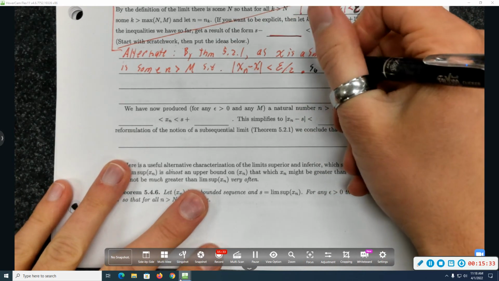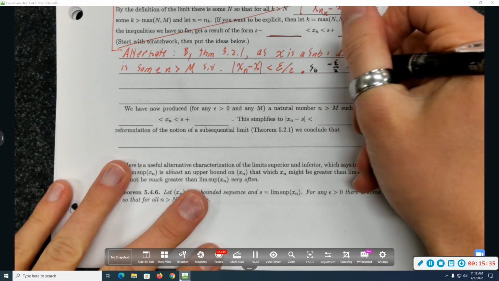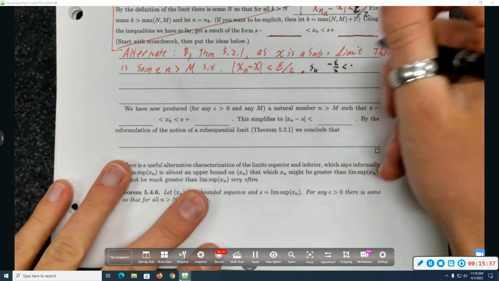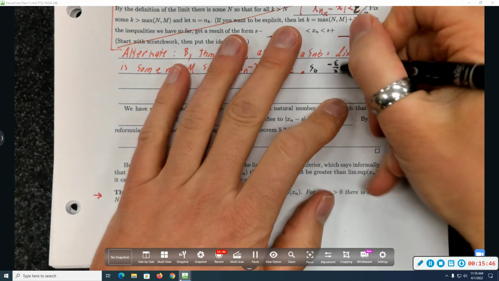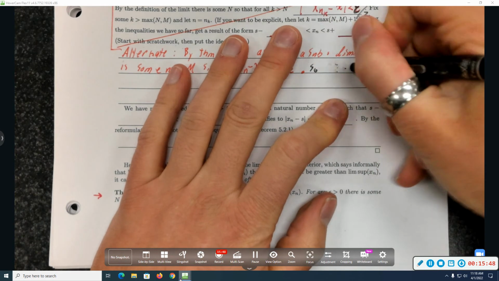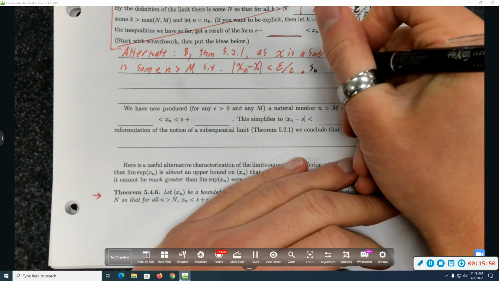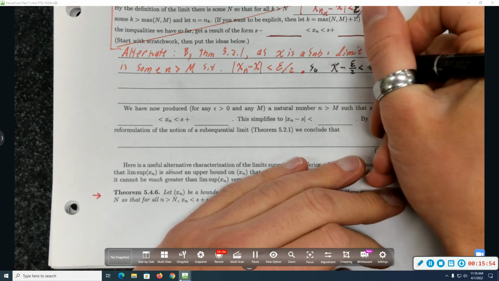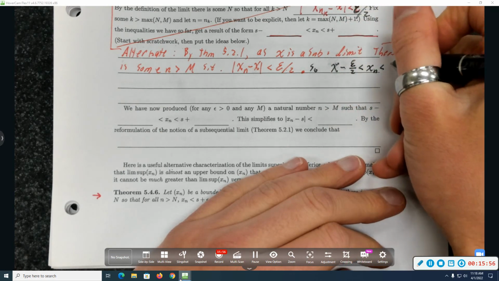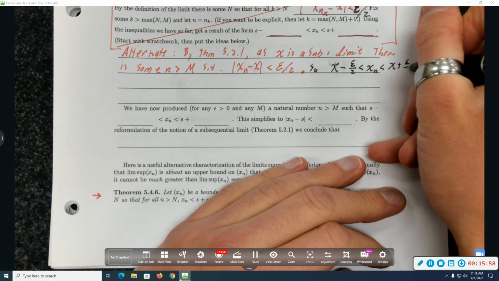So, minus epsilon over 2 is less than, you know, I think we could jump straight to here and that would be okay, right? Yeah. So, x minus epsilon over 2 is less than xn is less than x plus epsilon over 2.